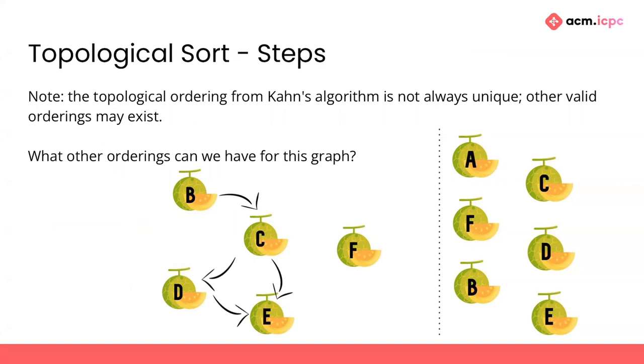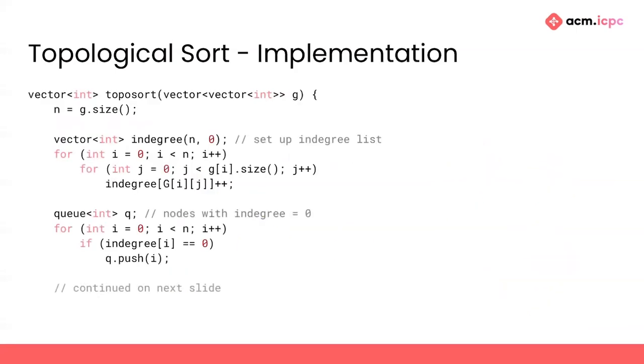So can you think of any other valid orderings for this graph? Yeah, that's correct. Instead of picking F first, we can pick B. And B and F are the only options here. That's correct. Thank you.